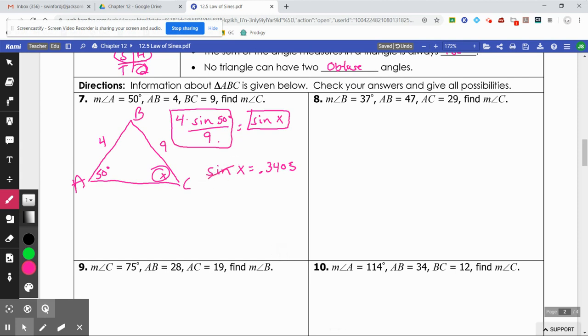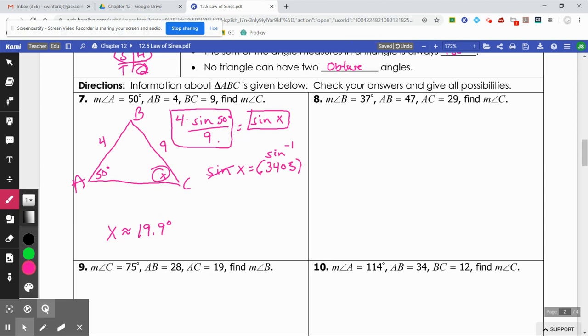We've got to take sine and move it to the other side. To move a sine to the other side, we do inverse sine. So we're going to type into our calculator the inverse sine of 0.3405, and that's going to tell us what angle x, the angle that we're looking for, is. So x is going to be about 19.9 degrees.